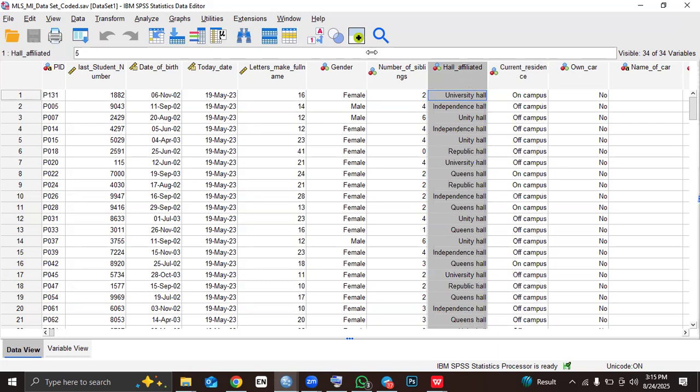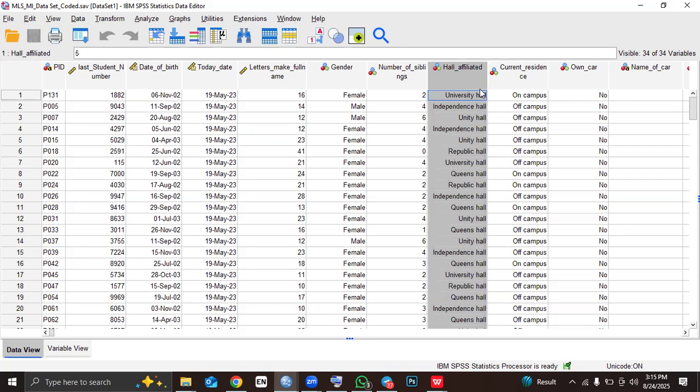So this theory or this assumption is what we are going to test, and in order for us to test this, we would have to use the chi-square goodness of fit.